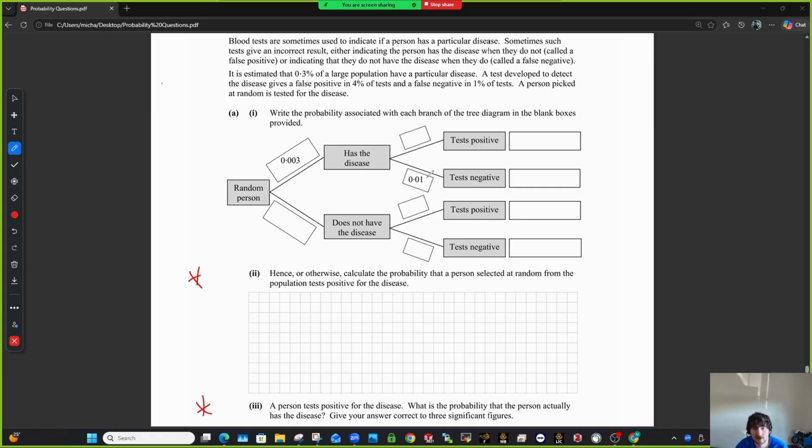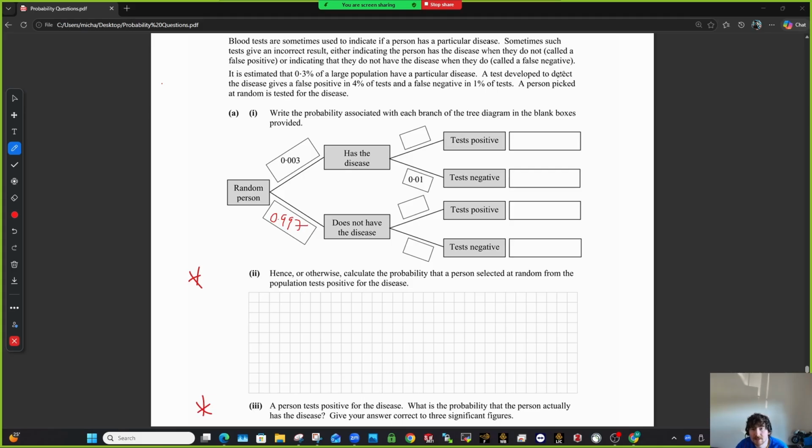But let's see, can we fill in our table anyway? It is estimated that 0.3% of the population have this disease. You see this here, they've already filled that in for us, which is nice. So then we know this has to be 0.997, you can take it away from 1. Great, we'll keep reading.